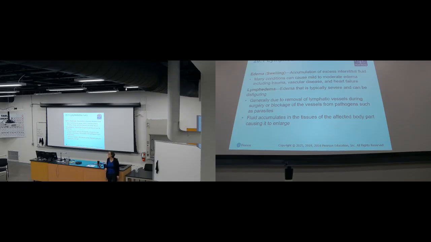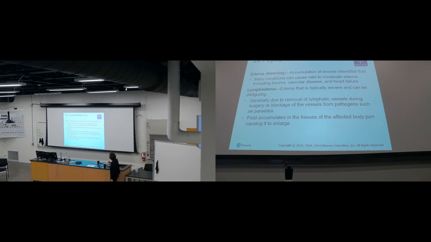Accumulation of excess lymph is called edema, and lymphedema specifically refers to severe and disfiguring accumulation of fluid. Generally, this can happen because someone may have had removal of some lymph nodes and lymphatic vessels during a surgery. For instance, removal of part of the breast, mastectomy, can lead to this, with swelling of the arm on the affected side.